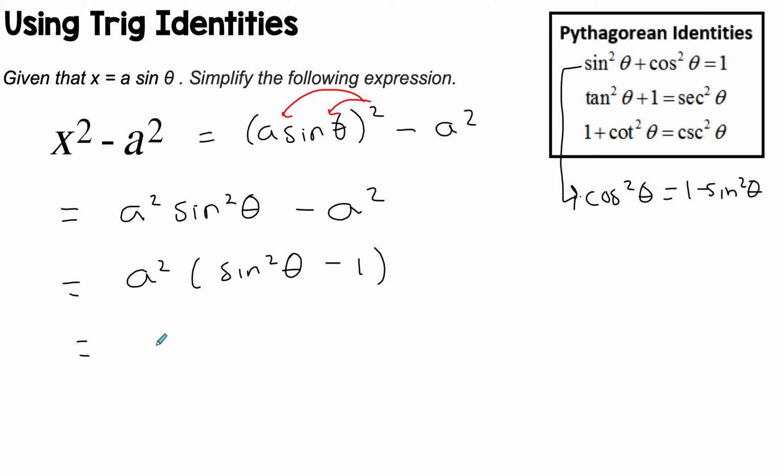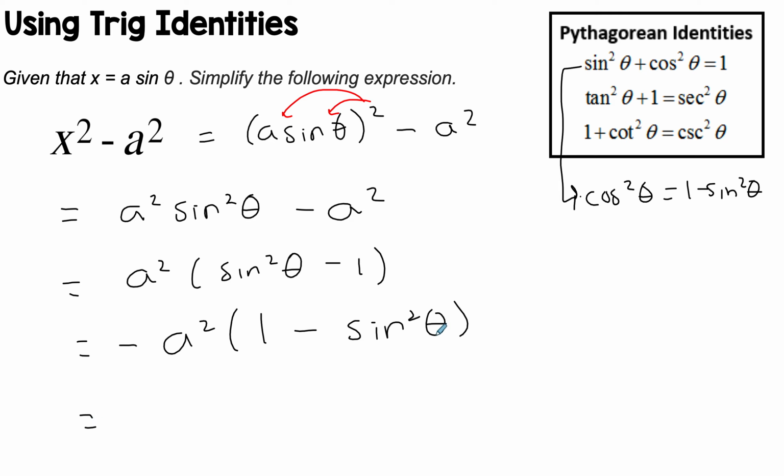So I can get, if I take out a negative instead, and that will flip my signs. So I have 1 minus sine squared theta. Remember, if you multiply out, you actually get back to here. You can double check.